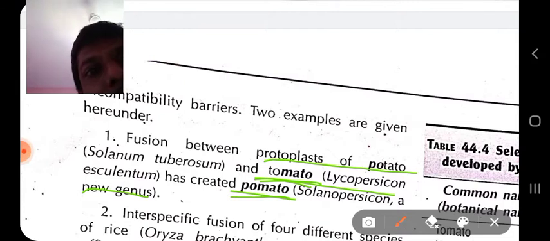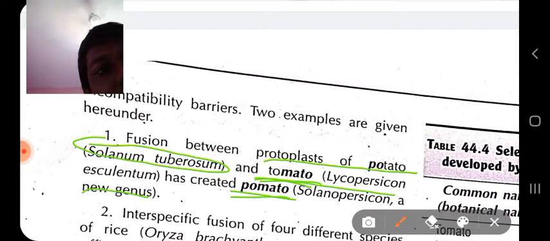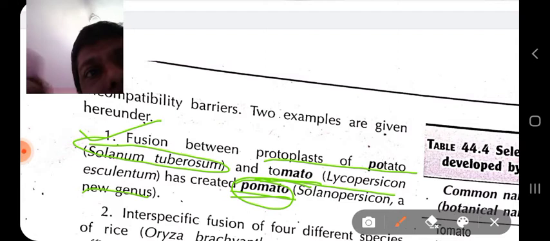From the scientific names you can see Solanum tuberosum, and tomato is Lycopersicon esculentum. When the protoplasts of tomato and potato were fused, we created a new hybrid called pomato. It can only be achieved through protoplast fusion, through somatic hybridization. It is not possible by normal breeding methods.